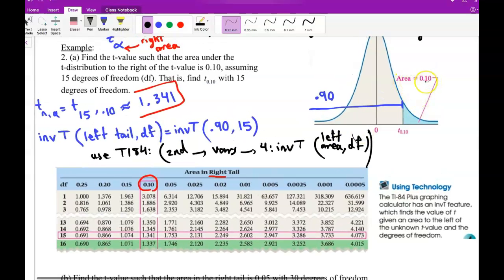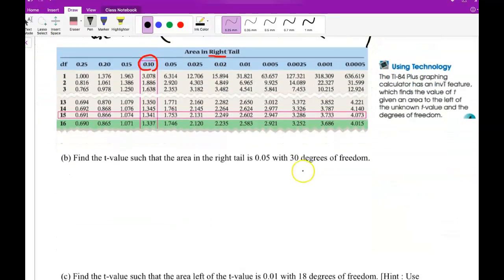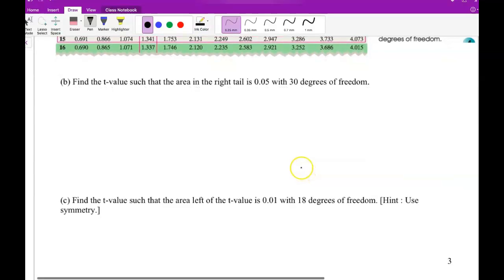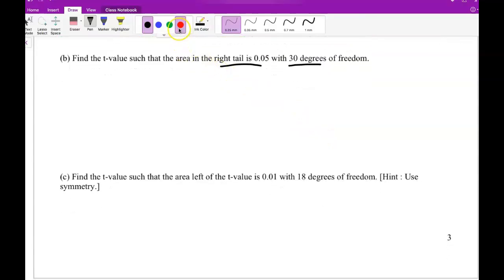And if it's asking you to find the area to the right, you need to work based on what you have on the left. Okay, then part B, find the t-value such that the area in the right tail is 5% with degree of freedom equal to 30. So what I have here is this t distribution.